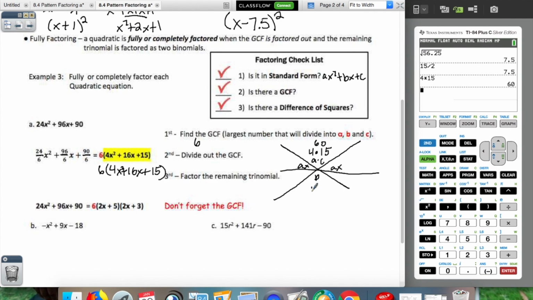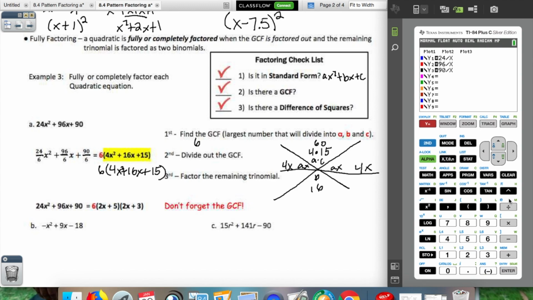Over, what's B? 16. And lastly, we have the Ax. So A is 4, so 4x and 4x. All right, and now let's still do our calculator trick in order to find the numbers that will multiply to get 60 and add to get 16.